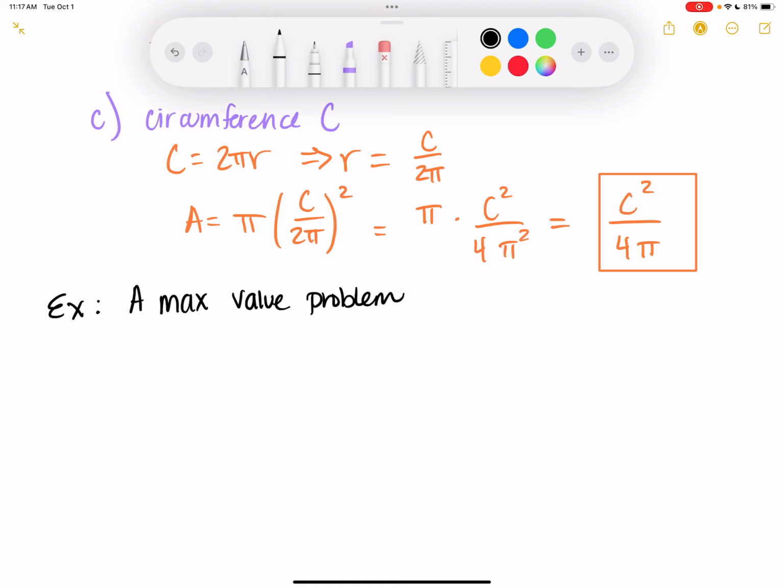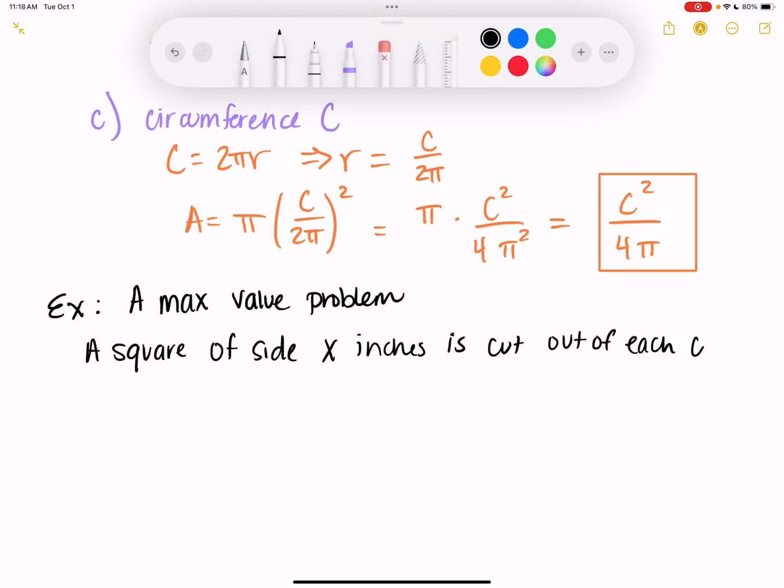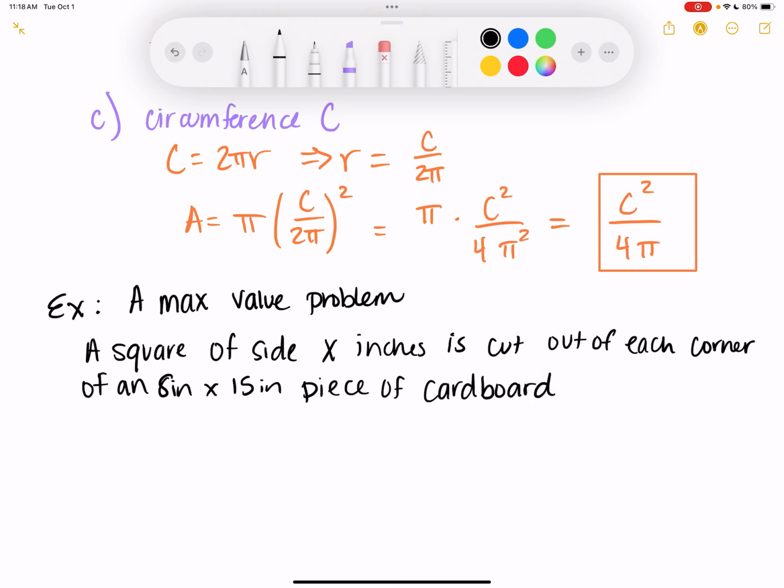A square of side x inches is cut out of each corner of an 8-inch by 15-inch piece of cardboard, and the sides are folded up to form an open top box.